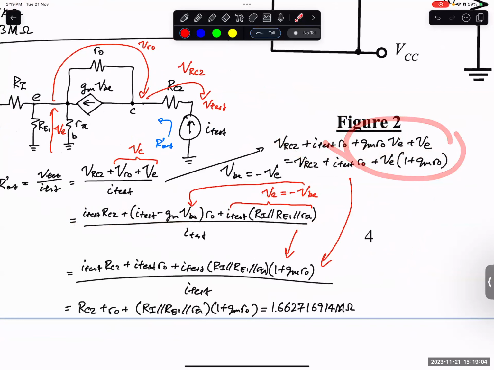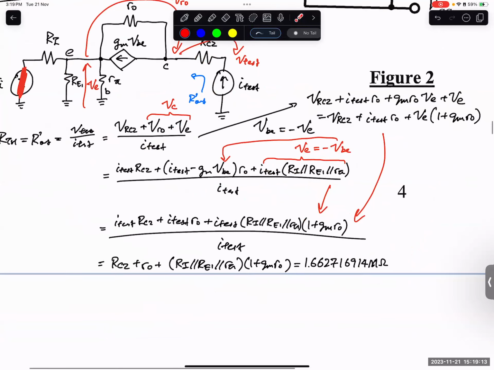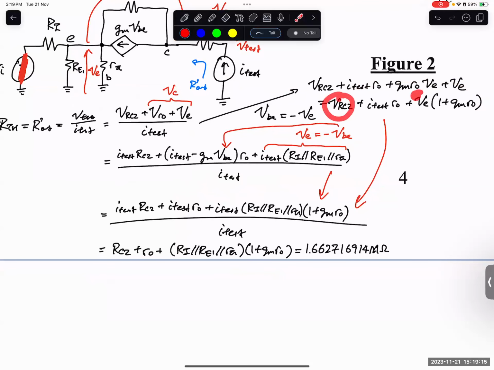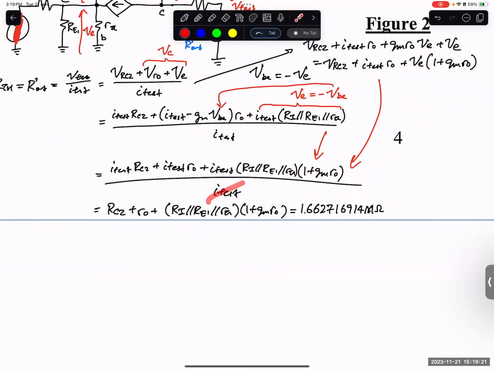Here I just do factorization only: 1 plus GMR0, then I take out VE. So this one I bring down here, and then I bring back all the values inside the VE as well as VRC2, and then here I get rid of the I test like that. So in the end it becomes RC2, R0, and then this whole thing brought down like that. And then I get this value.